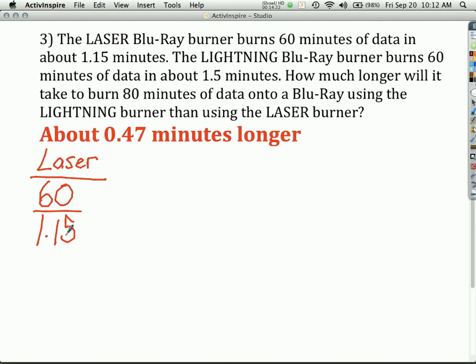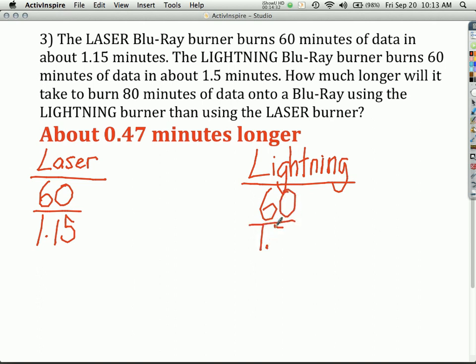And then you said the lightning is 60 minutes of data to 1.5 minutes of time. That's how you wrote it, or you wrote it with an equal sign? The colon. Okay, very good.